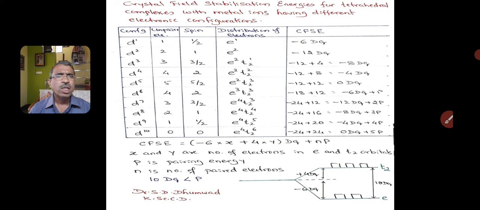So the calculation of CFSE will be minus 6 Dq plus 1 pairing energy, minus 12 Dq plus 2 pairing energy, minus 8 Dq plus 3 pairing energy, and so on. In this case also, the 10 Dq is less than pairing energy. Hence, all tetrahedral complexes are high spin complexes.